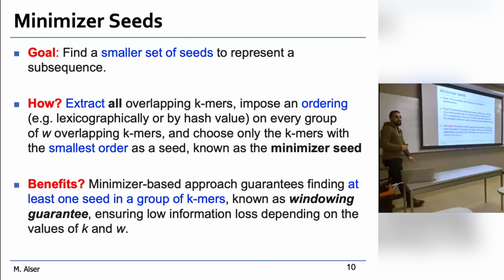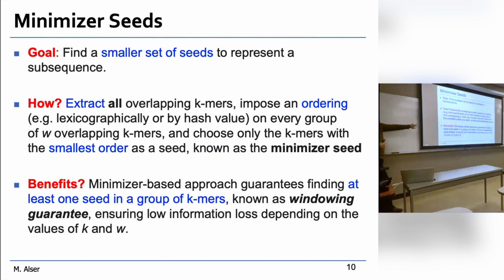It means in every group, I'm going to get at least one seed, okay? Now, what does that mean? It means if I'm comparing two similar sequences, it's guaranteed to find the similarity between them because I'm going to get, by the end of the day, a group of representative k-mers that I can use for the comparison, okay?